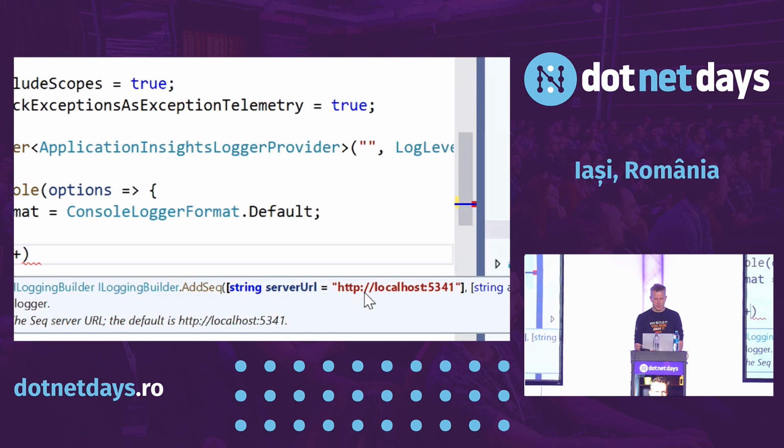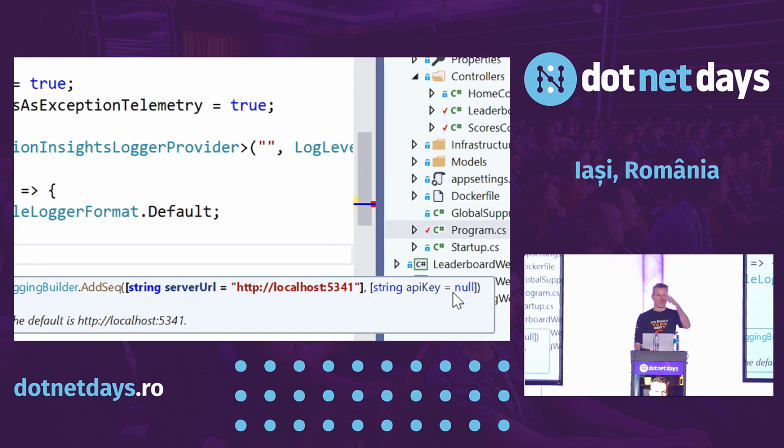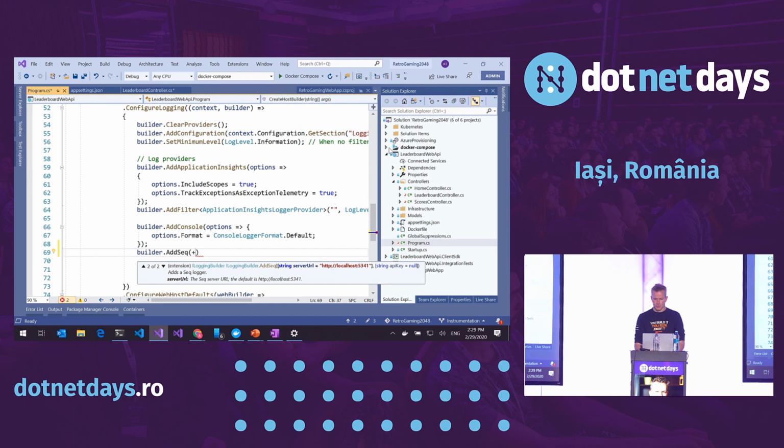As you can see, it says the server URL is normally localhost and a certain port, 5341. You have API keys if it's an external SEQ server, but we want to use it locally. And I've added that to the Docker Compose file.